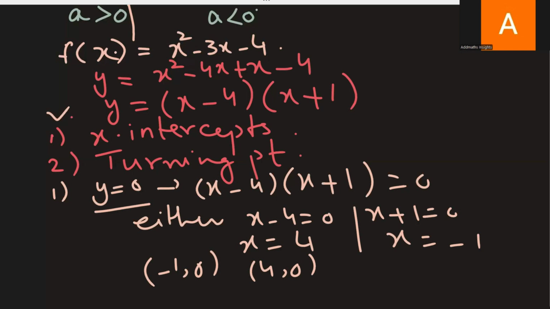Secondly, to draw the curve, you need to find the turning point. So how can you find the turning point? I told you that the line of symmetry is the line that passes through the turning point. It divides the curve into two equal halves. So it means that you need to find basically the midpoint of these two values.